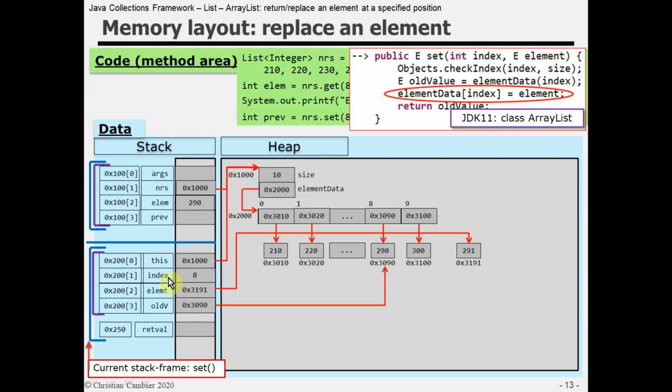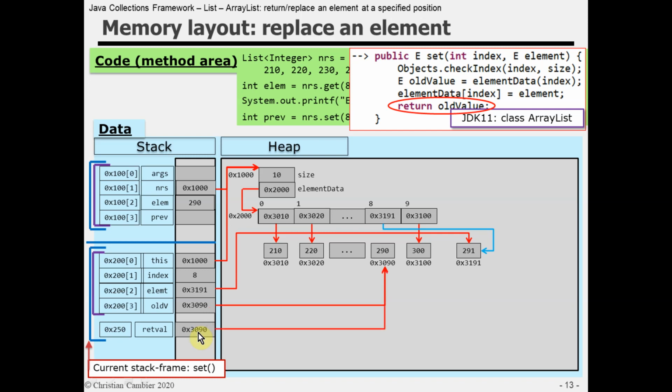Index is 8, so this element will be overridden by element. So this value will be overridden, and we now refer to the new object. I just set it out in blue so it stands out more. And that's it. Then the return value is set. That is the return value of the old value.